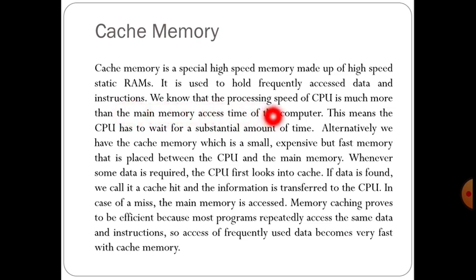We know that processing speed of CPU is much more than the speed of main memory. So main memory access time of the computer is slower than the speed of a CPU. This means that the CPU has to wait for a substantial amount of time. It means after completing a task, CPU must wait for accessing the next information or next record.